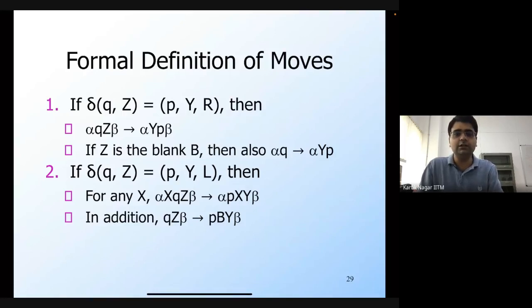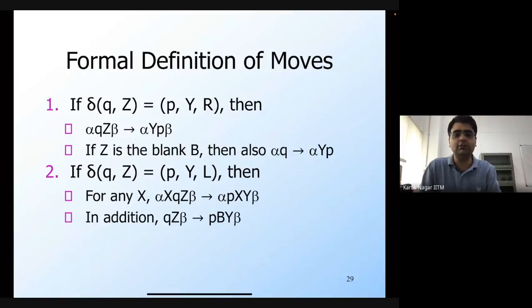Then we defined this notion of a configuration. The configuration of the TM gives all the information about the current state of the TM. The configuration involves both the state as well as the contents of the tape. But the tape is infinite. However, the non-blank portion of the tape is always going to be finite.